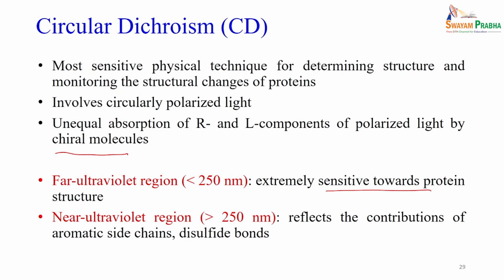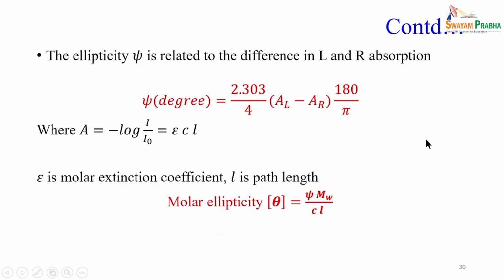Near UV, with wavelength higher than 250 nanometer, reflects the contribution of aromatic side chains and disulfide bonds. Here we calculate the ellipticity, which is related to the left and right absorption of the circularly polarized light: theta equals 2.303 upon 4, times A of the left minus A of the right, into 180 upon pi.